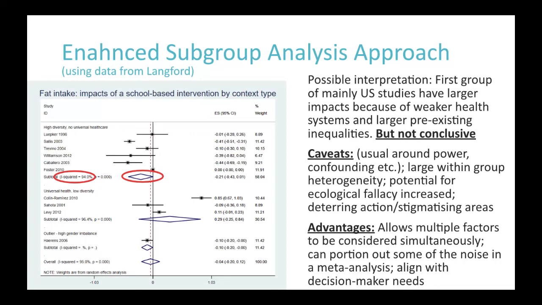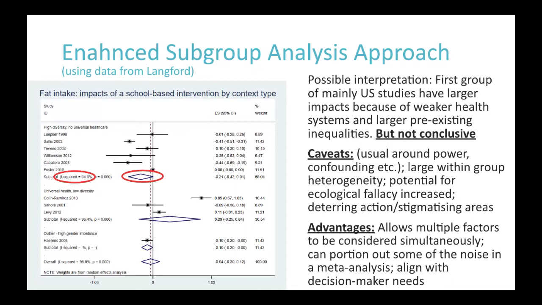And we identified three groupings of studies. The first group consisted of studies that had high levels of ethnic diversity but no universal healthcare. A second group of 3 studies that had low levels of ethnic diversity but with universal healthcare, and a third group which consisted of just one outlier study with a high gender imbalance.